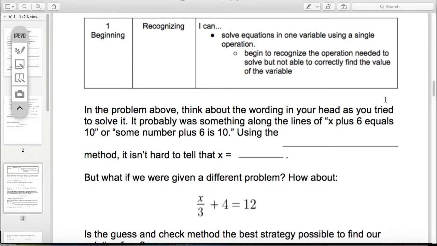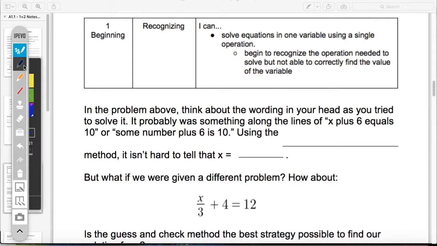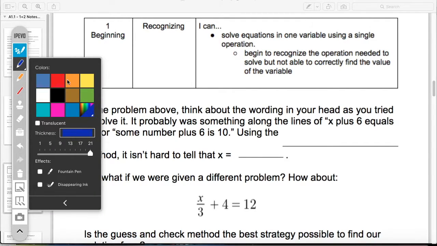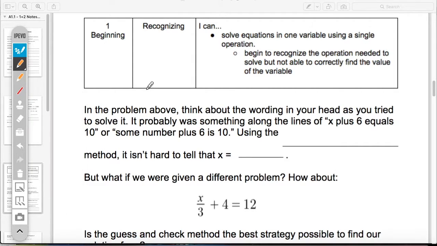This is where we start the standards portion. This is level 1 of A1.1.